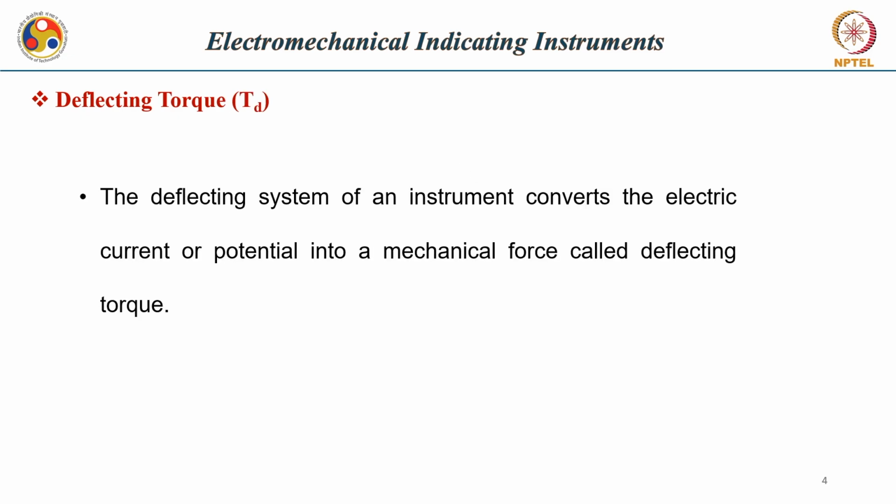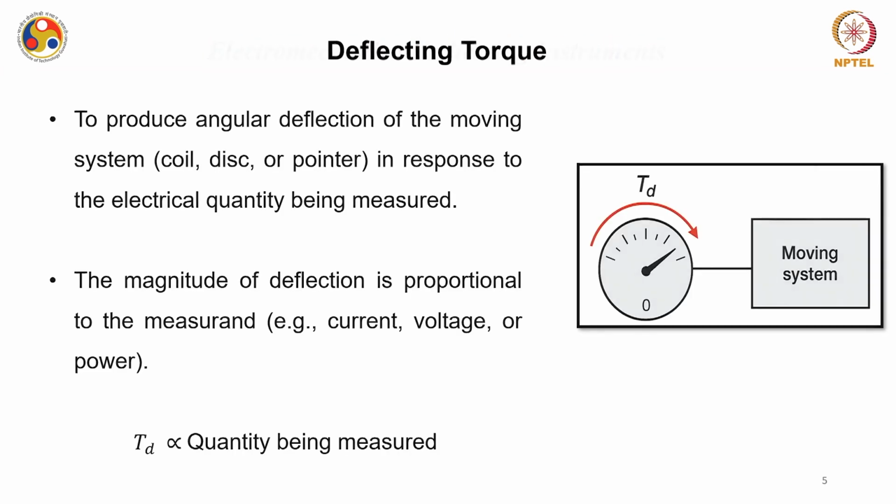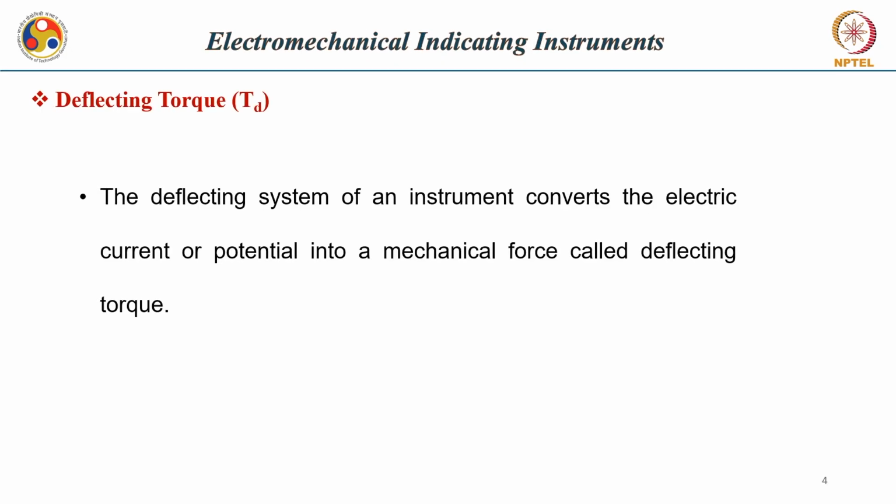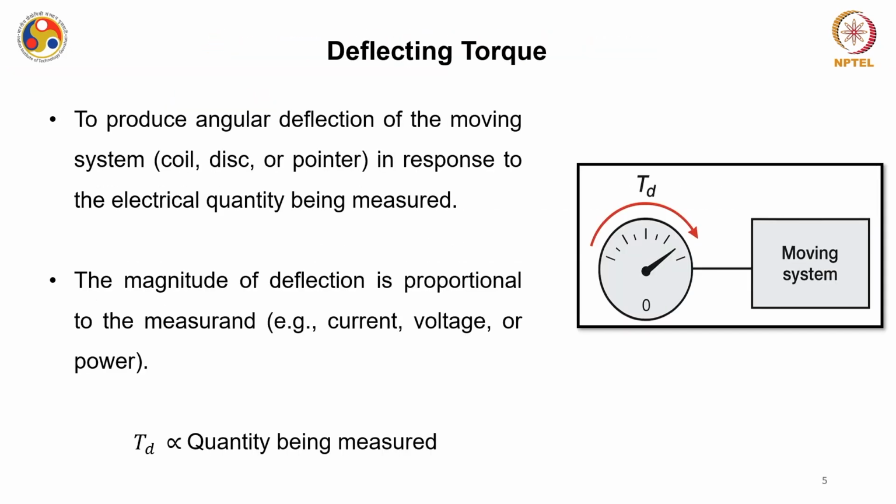The deflecting system of an instrument converts the electrical current or potential into a mechanical force, which is the deflecting torque, to produce the angular deflection of the moving system, mostly the pointer, in response to the electrical quantity.